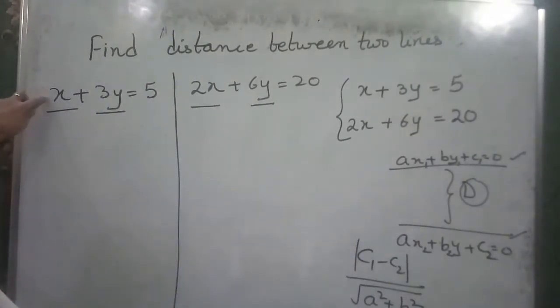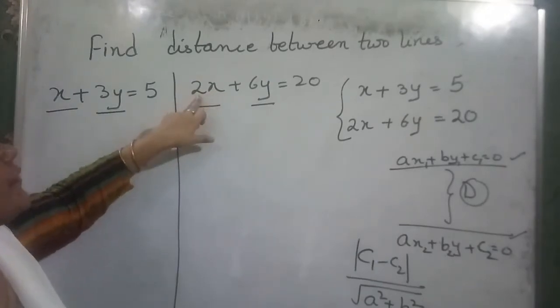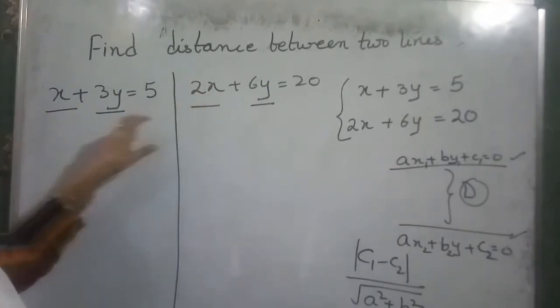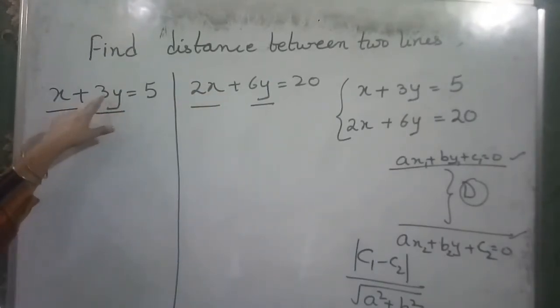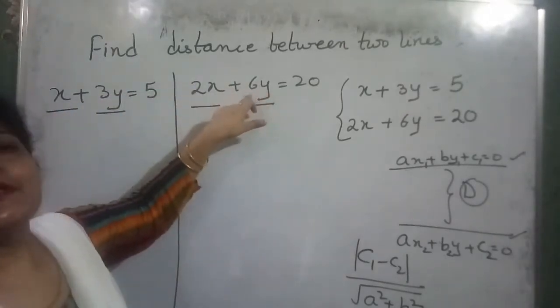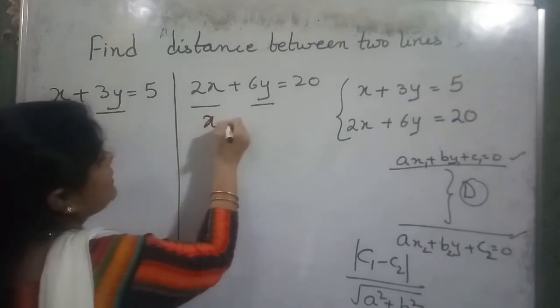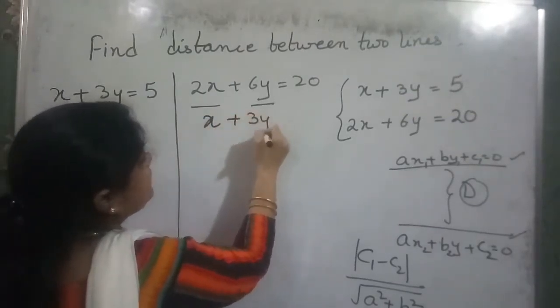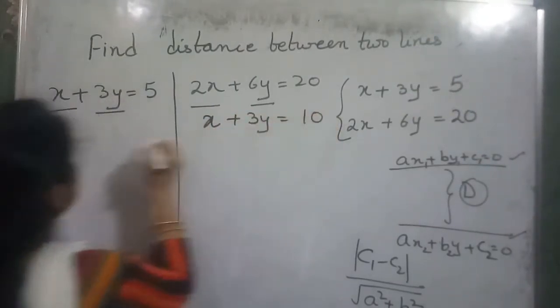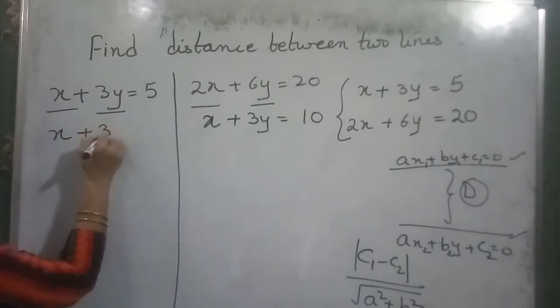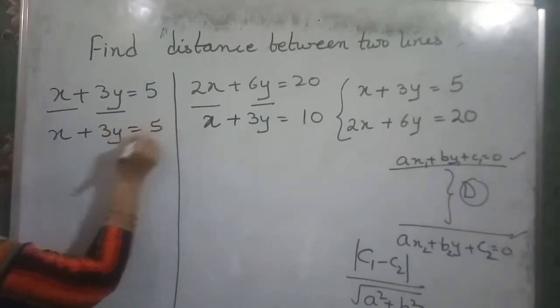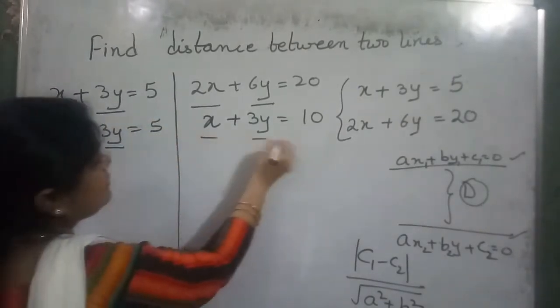Here we see that the coefficient of x is 1 and here the coefficient of x is 2. Okay, and here the coefficient of y is 3 and here we have 6. So divide it throughout by 2. So we have x plus 3y is equal to 10. Now both equations have the same coefficients of x and y.